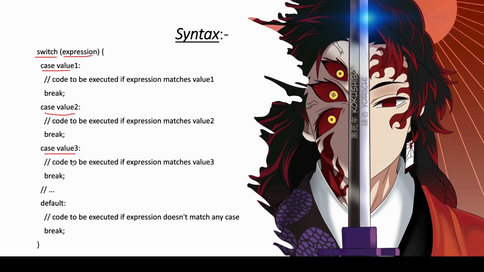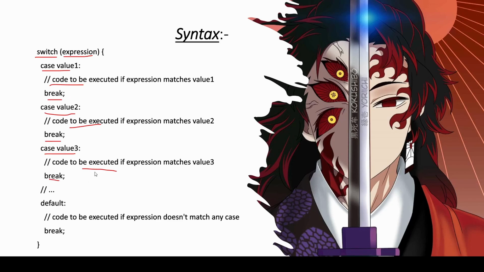Likewise, there are many cases, and inside each case there has to be some code that should be executed if the case hits, and this code will be executed if case 2 hits. Likewise, this code will be executed if case 3 hits, and after the end of the case we have to use the break statement as you see.